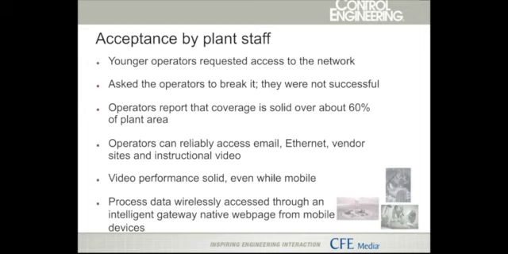And they reported that the coverage was solid, did not lose over 60% of the plant area, and the video quality was very good, very solid. No jittering, no latency, no buffering.